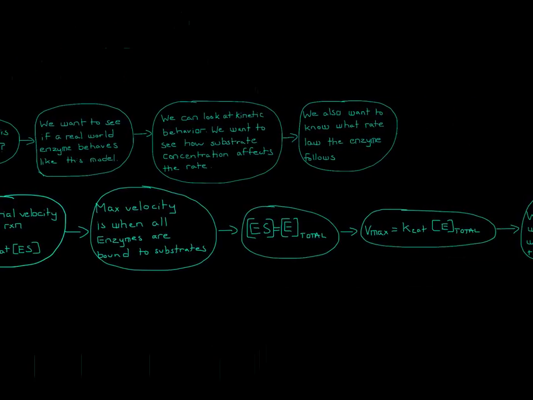So what does that mean? That means that when all substrates are bound to all enzymes, the enzyme-substrate complex equals the total number of enzymes. That makes a lot of sense, because if all the enzymes were occupied, then it would have to equal the total number of enzymes present. So Vmax is equal to K cat, remember that's K2, multiplied by the enzyme total.